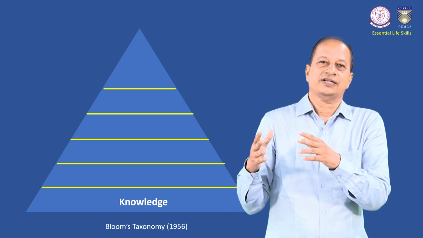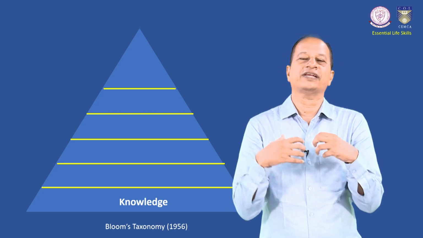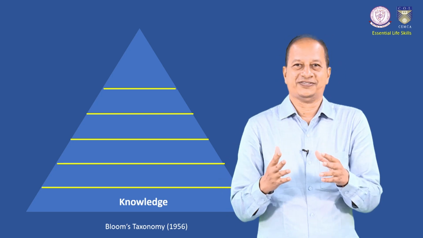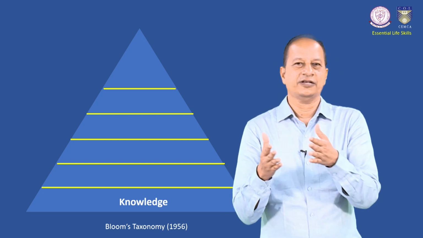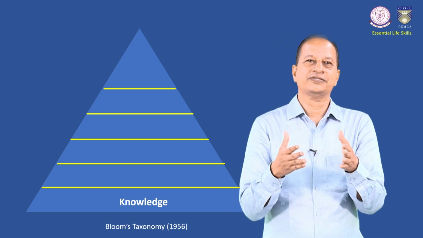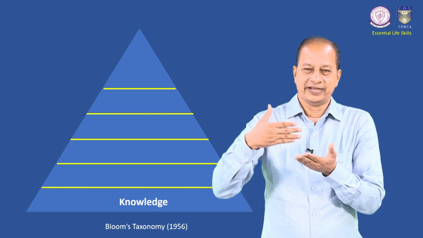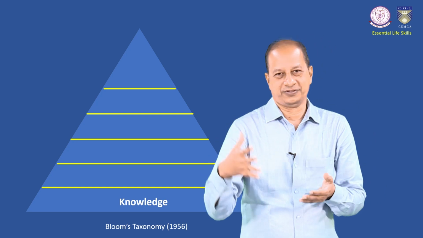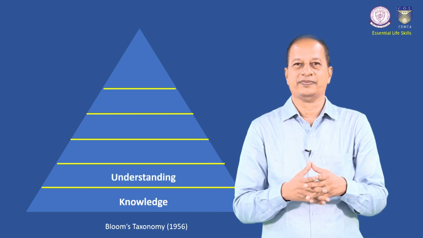That means knowledge is all about recalling all these things, the specifics, universals, methods, processes, patterns, structures, or settings. It leads to comprehension. That's the second level in Bloom's taxonomy.